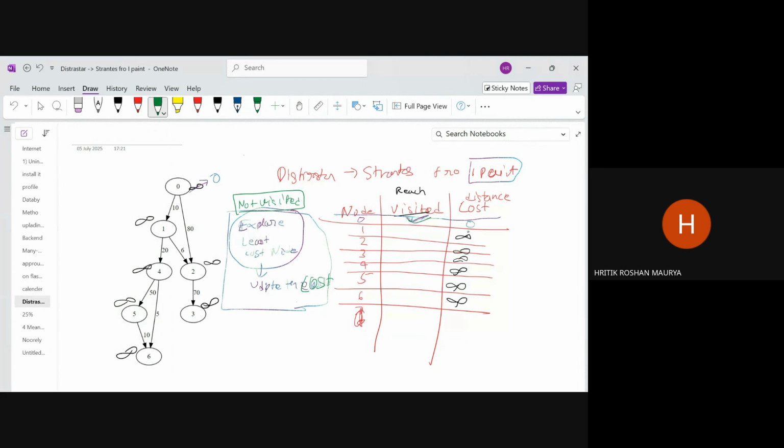I pick the least one, this one, and I visit it. Now I will update the cost from this node. From this node, this cost will be updated to 10 because this is costing 10 units, and this cost will be updated to 80.